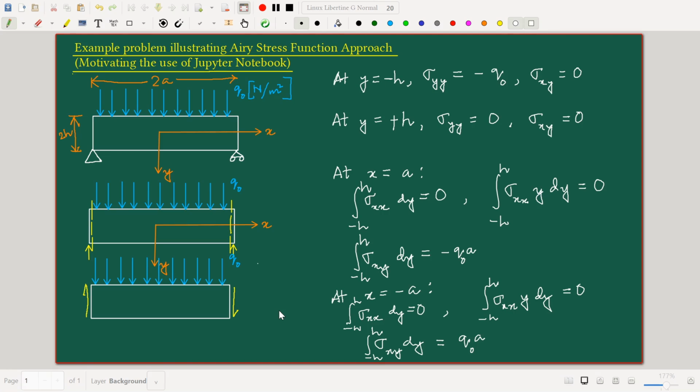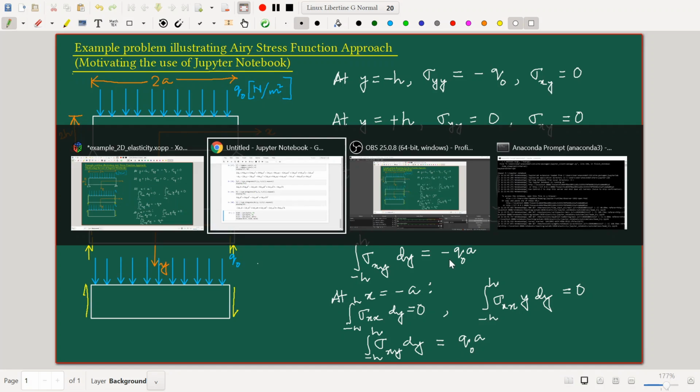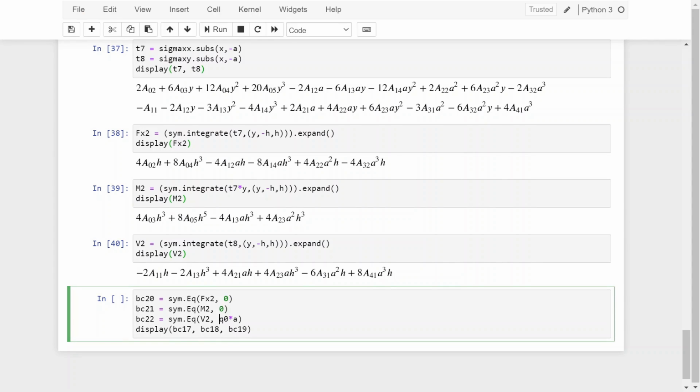Okay, again we remind ourselves that the v2, this integration of sigma xy at x equal to minus a, integration with respect to y from minus h to h, that is equal to plus q naught a, unlike what was at x equal to a. All right, that is what we have just implemented here, and here we accordingly display this BC 20, 21 and 22.